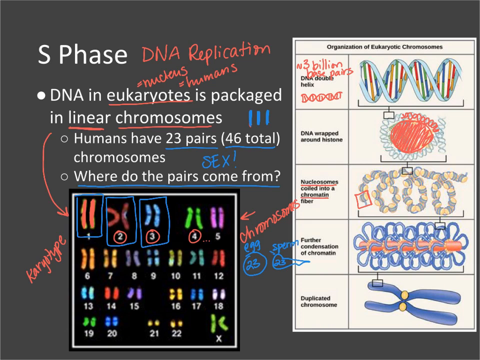Well, the sperm fertilizes the egg, which ultimately forms something called a zygote. And the zygote has these 23 pairs of chromosomes in it, or that's where we get the 46, because 23 times 2 is 46. So if we come back to our karyotype picture here, one chromosome in each pair came from mom, and one chromosome in each pair came from dad.